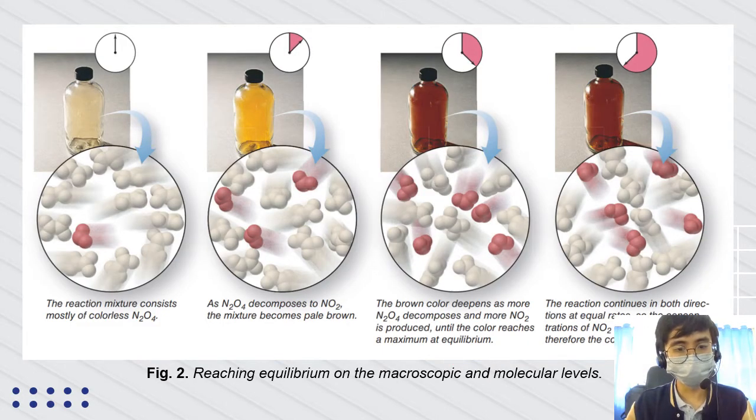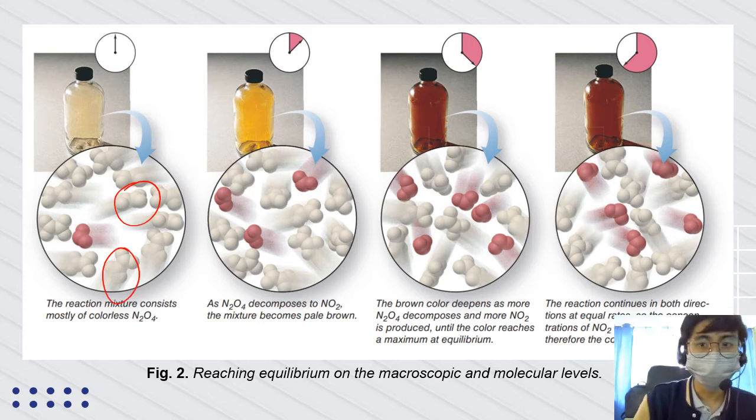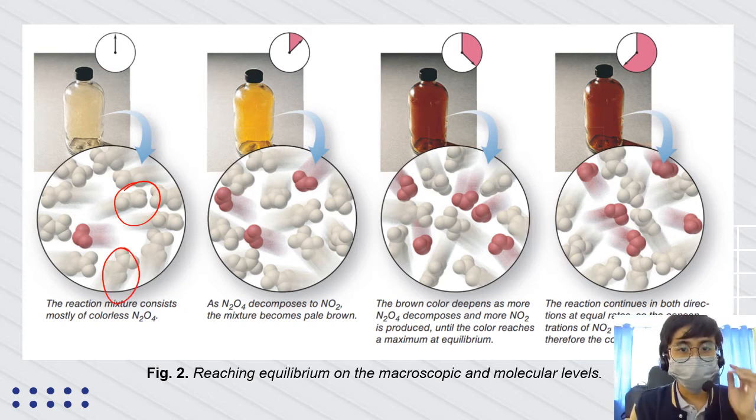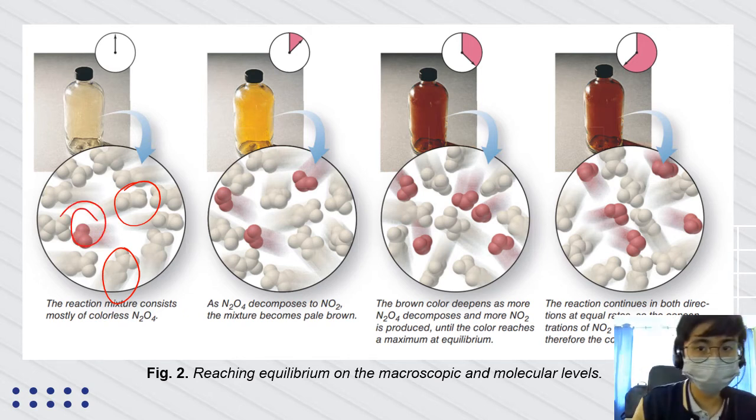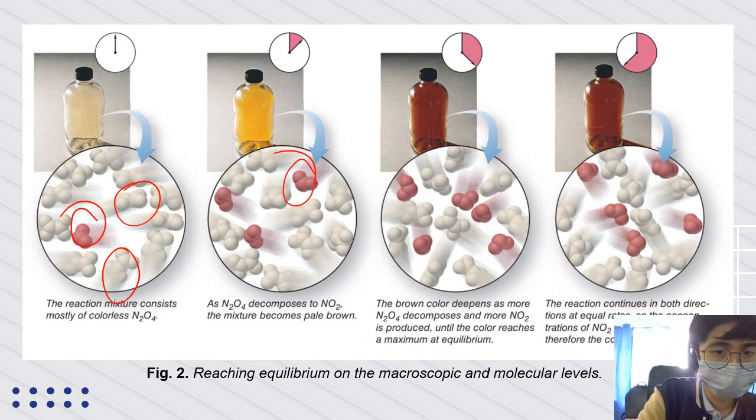So what is happening here? At the molecular level, N2O4 molecules collide and a few begin to split into NO2 molecules. As time passes, more N2O4 molecules decompose and the concentration of NO2 increases.